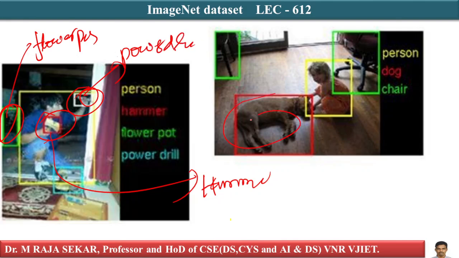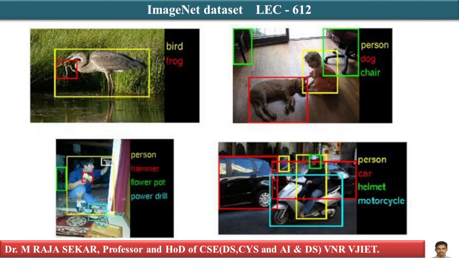Where is a chair, where is a person, where is a dog, where is a flower pot? It also recognizes and puts bounding boxes where the object is present. Just see here, it says bird, frog.